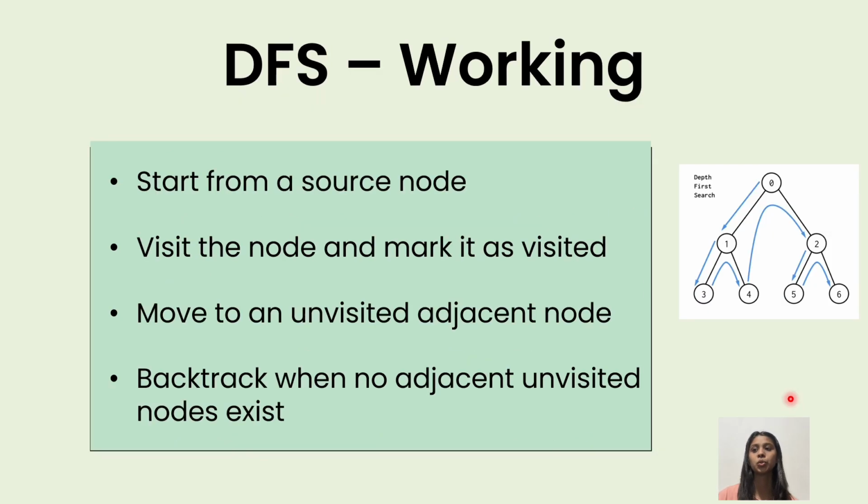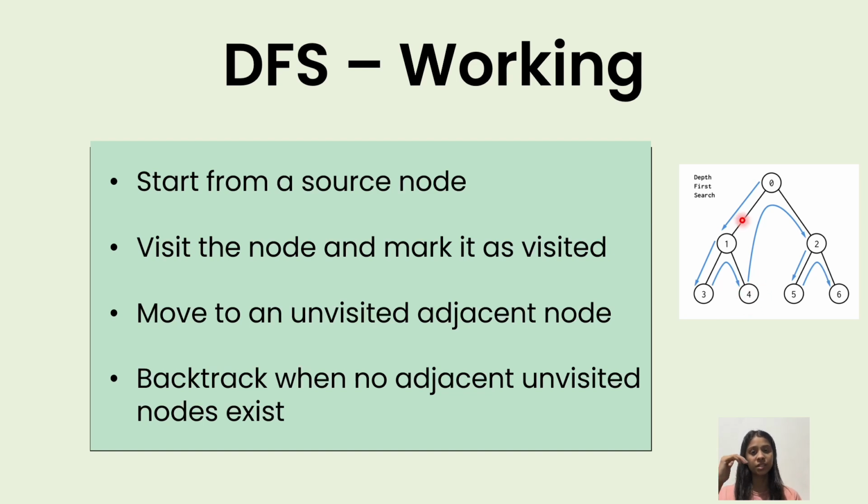So, to understand DFS, let's see the working. It's the same as BFS. The first step is you need to start from the source node or the root node. And then you need to visit the node and mark it as visited. Move to an unvisited adjacent node. You need to backtrack when no adjacent unvisited nodes exist.